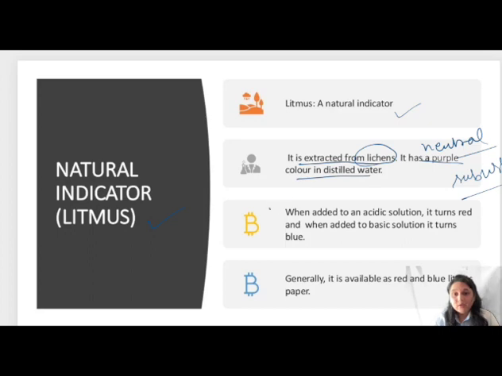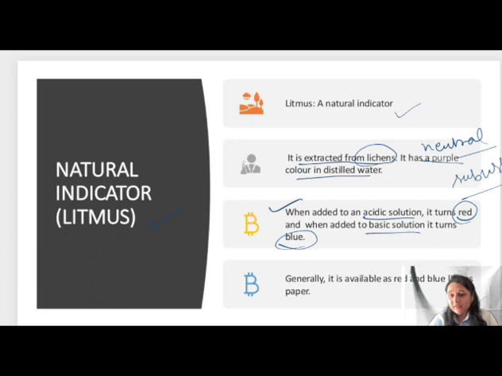But when added to an acidic solution, it turns red. And when added to a basic solution, it turns blue. So you have to remember that if we are using a litmus indicator, for a neutral substance the color will be purple, if you add an acidic solution it will turn red, and for a basic solution it turns blue.